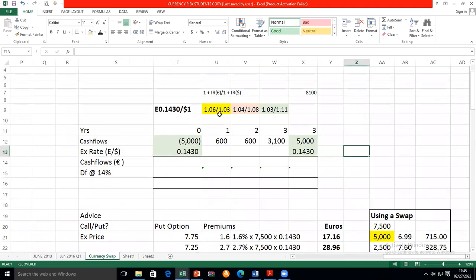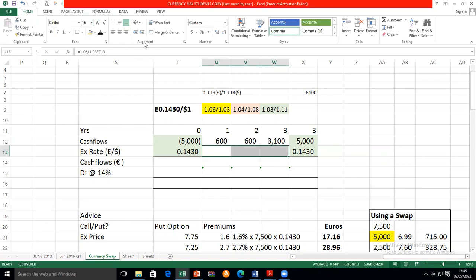So these are the factors that we have put here on top. That's a factor, that's a factor, that's a factor. You multiply by 0.1430. So the exchange rates are now here.